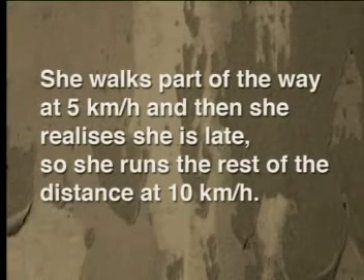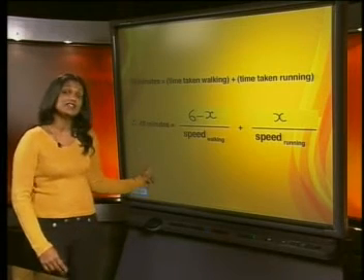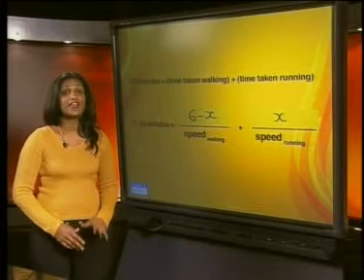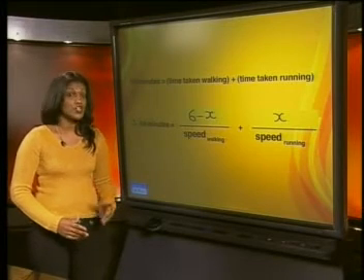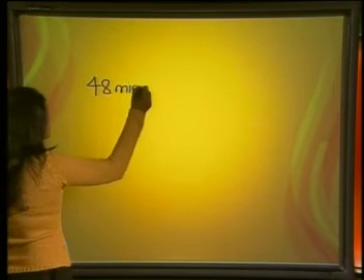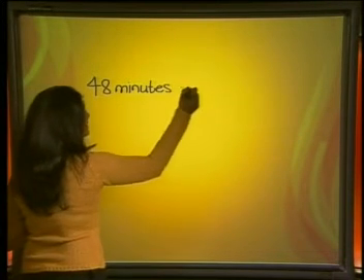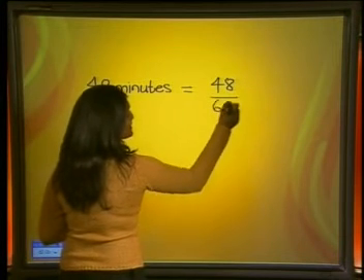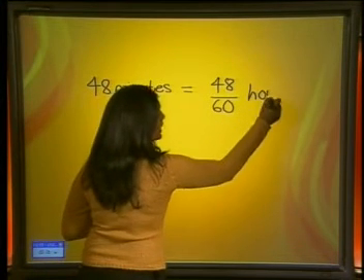Because there are two references to kilometers per hour, here and here, I am going to convert the minutes to hours as well. So these 48 minutes need to be written as a part or a fraction of an hour. Now there are 60 minutes in an hour, so we can write 48 minutes is equal to 48 divided by 60 of an hour.